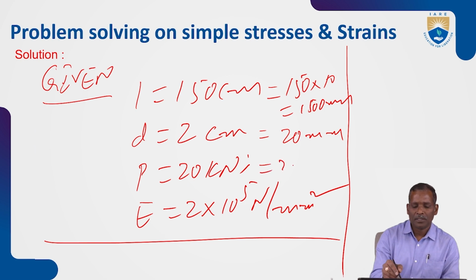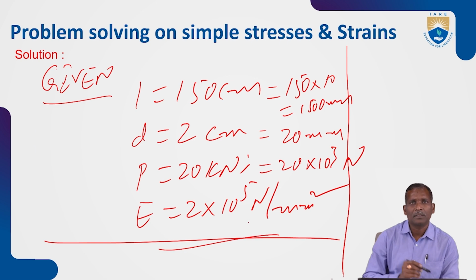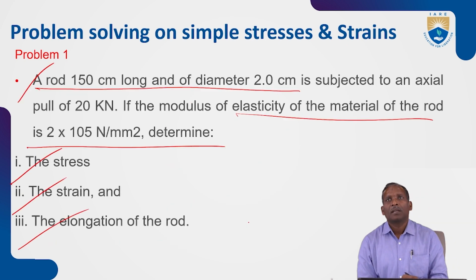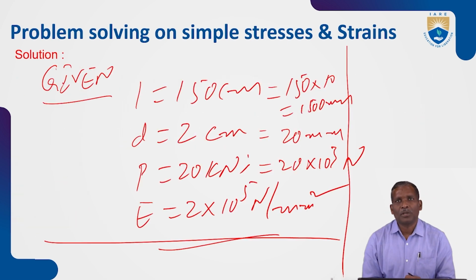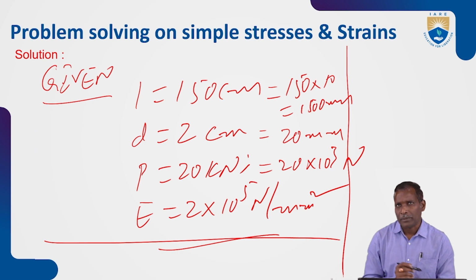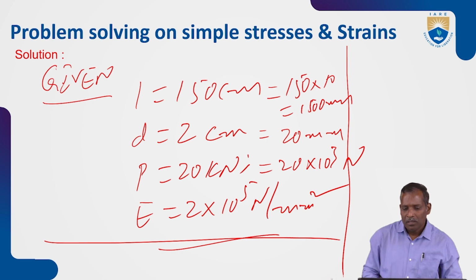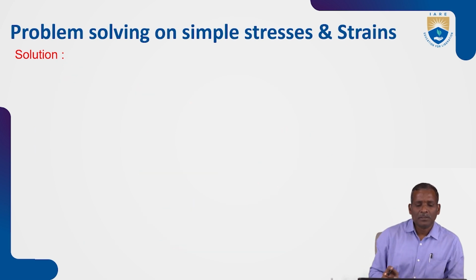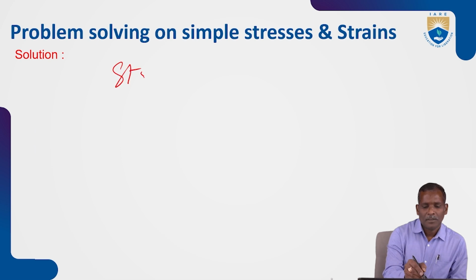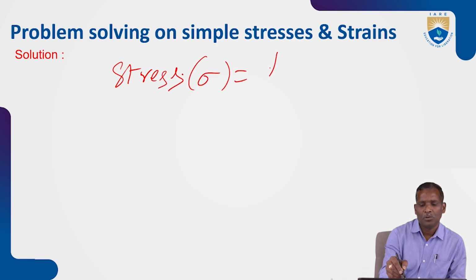The load of 20 kilonewtons converts into 20 into 10 cube newtons, and the elasticity of the material of the rod is 2 into 10 to the power of 5 Newton per mm square. So first, stress is equal to sigma is equal to load per area.